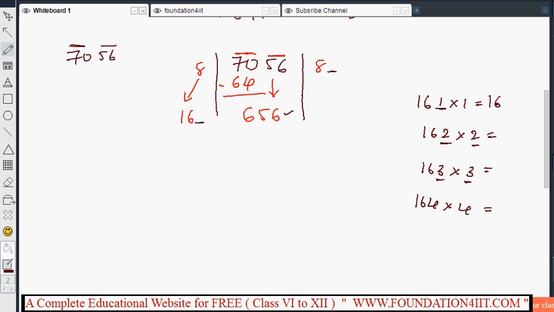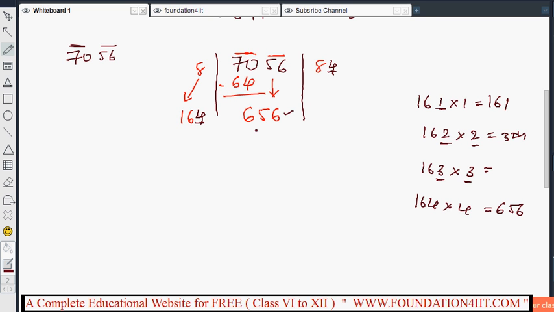161 1s are 161, 162 2s are 4, and 6 2s are 12, so 324, it's not coming. But 164 4s are 656. This 656 is coming. So you should keep 4, the same 4 should be here.